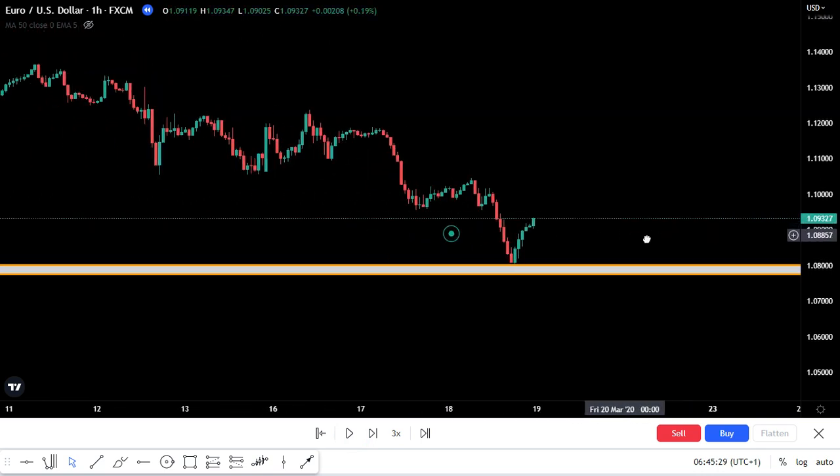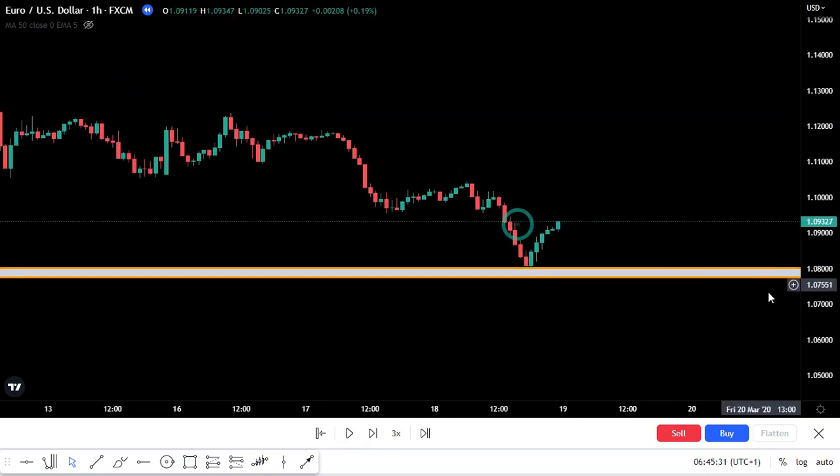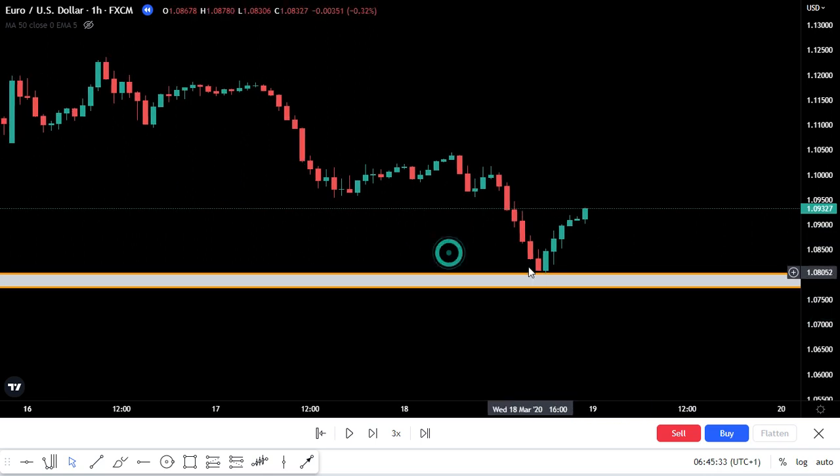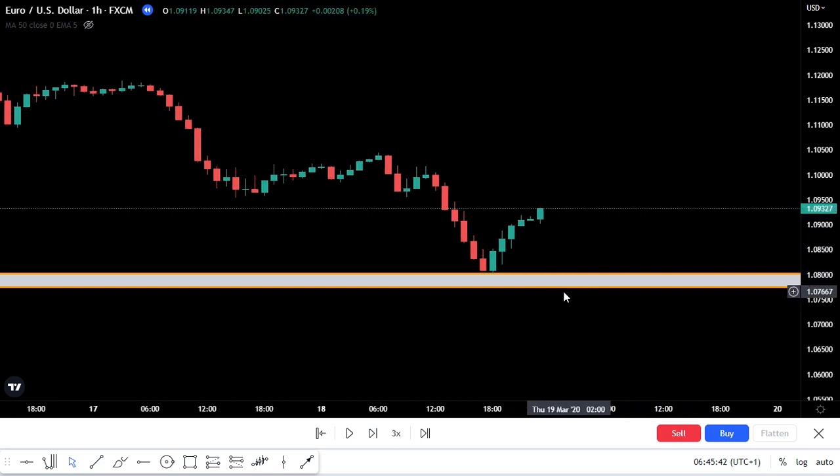Look at what happens. If you look here, the price gave us a bullish engulfing candlestick pattern right here. I say it is not enough to use candlestick patterns to enter a trade. So many people who know about candlestick patterns, who have watched videos on YouTube or paid for mentorship, at this point they are going to be making entry. They are going to be buying at this point.